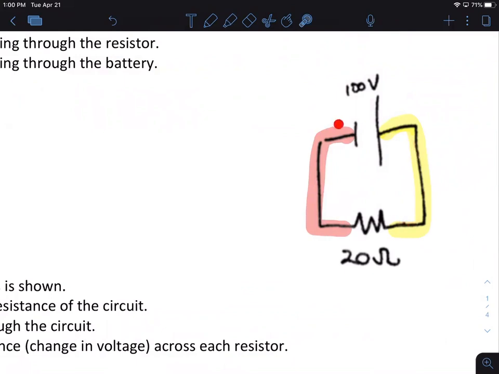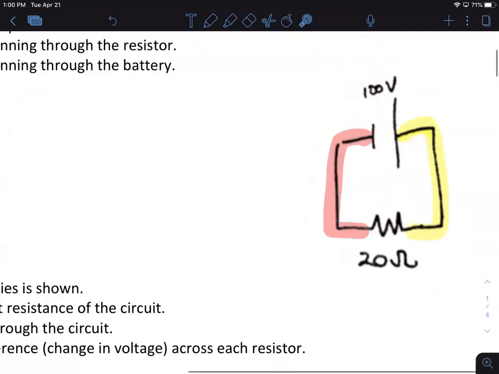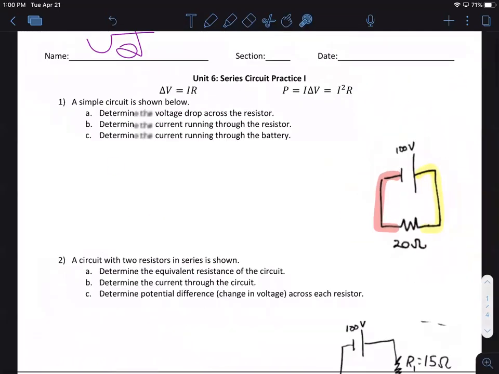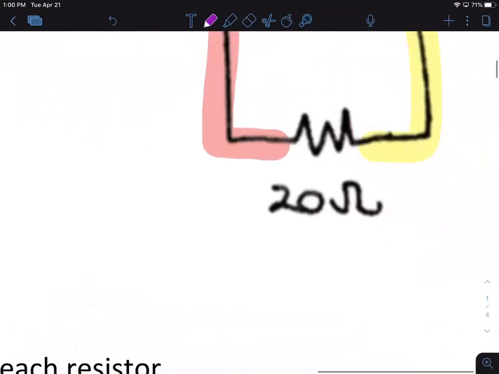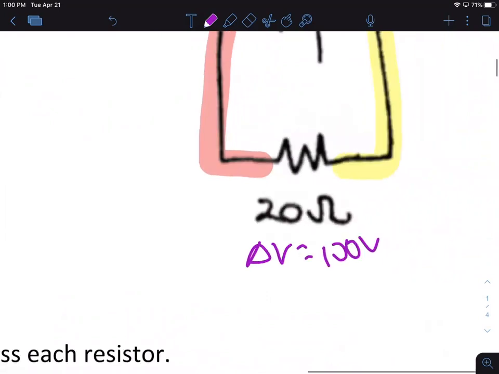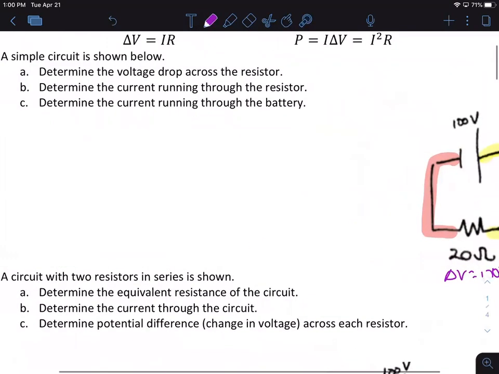It doesn't change across these perfect wires, so I know if I'm gaining 100 going from red to yellow, here I'm going from yellow back to red, I need to lose 100. So across this resistor, its change in voltage has to be 100 volts.